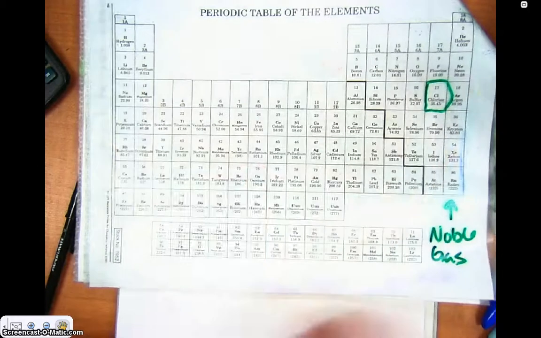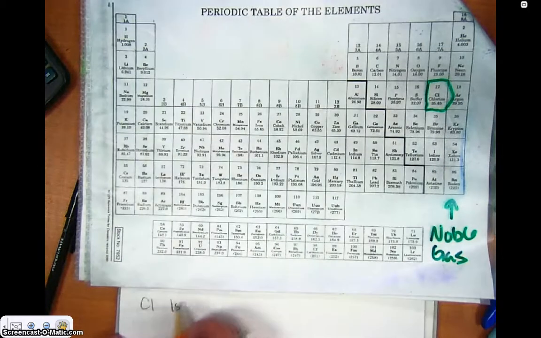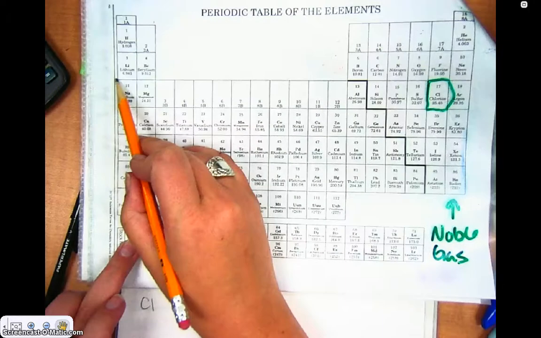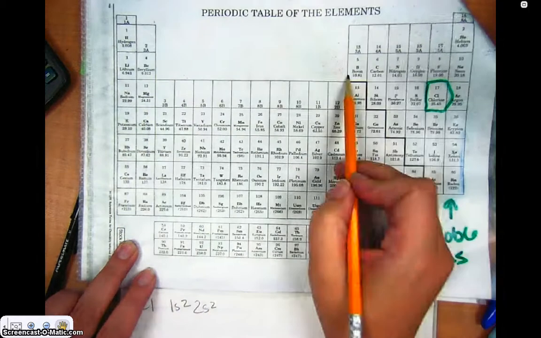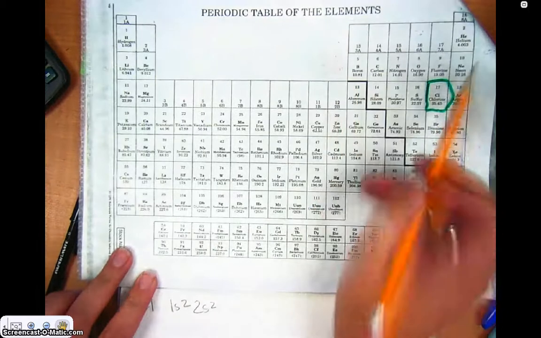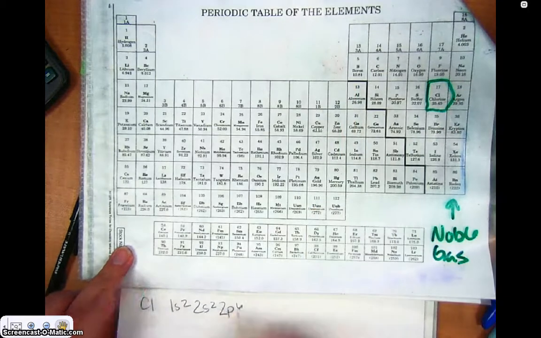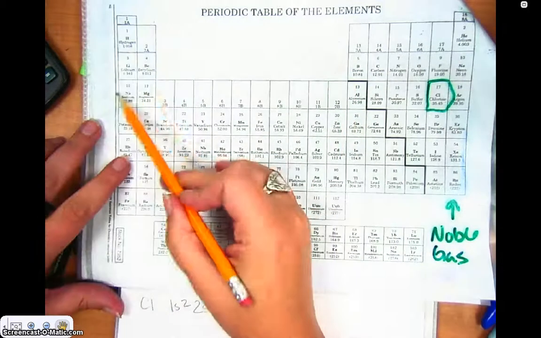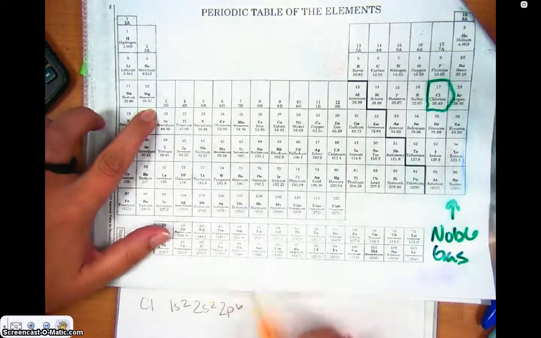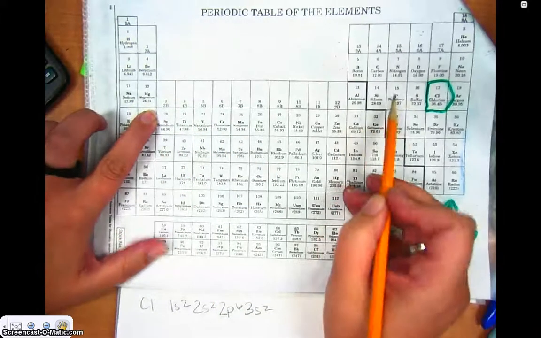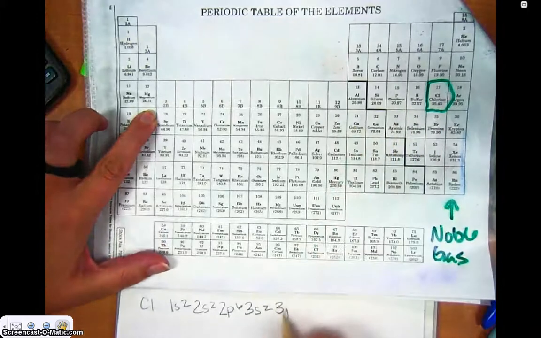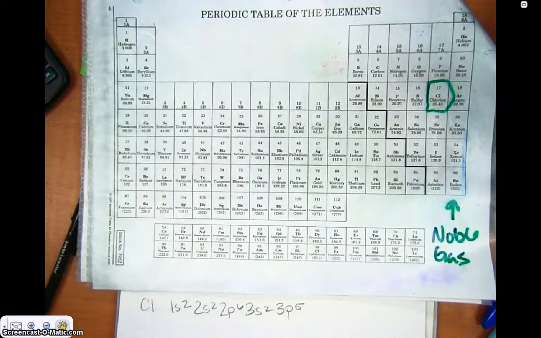So chlorine is 1s2, and then we go to the second row, 2s2, and then we go over here to the p block, and I get 2p6, and then I have 3s2, and then I do 3p1, 2, 3, 4, 5. Okay, so that's the electron configuration for chlorine.